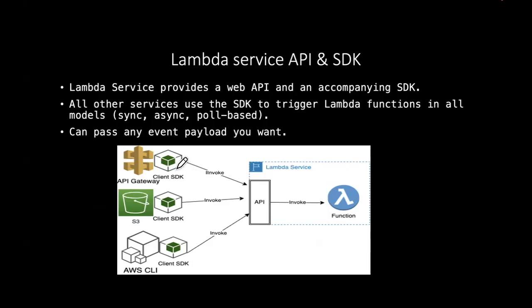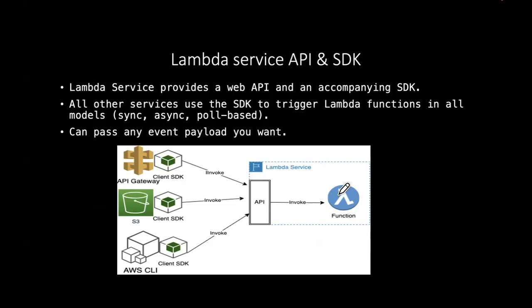And so the payload, as it's called, the event that's being passed to the Lambda service, which eventually our Lambda function is going to process. Because if you remember the signature of a Lambda function, it takes two arguments, although we're really only interested in the first argument, which is called the event.